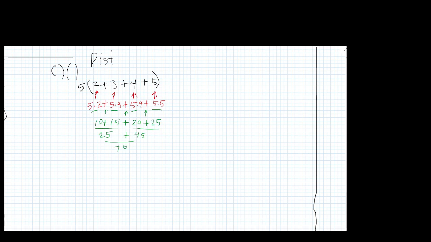You might be asking, why go through all that hassle if we can simply just add what's in here and then multiply by 5?